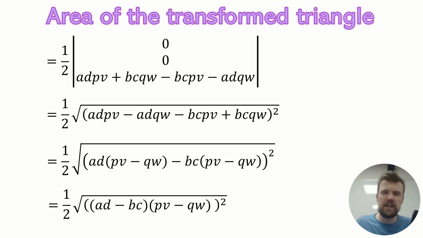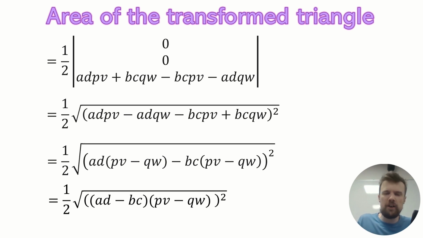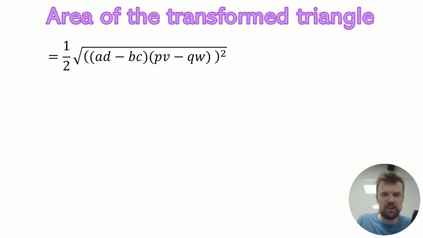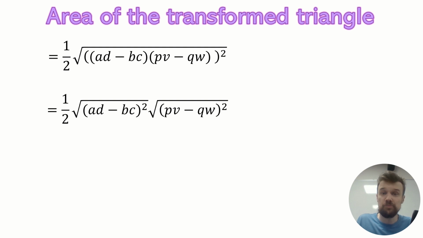If you now apply index laws with the squared and the square root both being able to be applied to those two pairs of brackets individually, we will therefore end up with something like this. Cool, we're almost there. Just one final thing to be aware of. This is where we need to talk about the effect of square rooting a squared thing. So let's take a look at numbers.